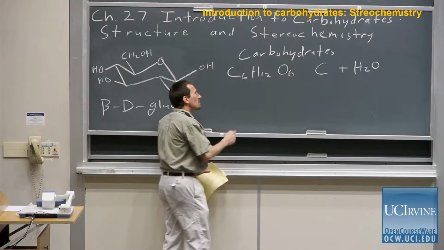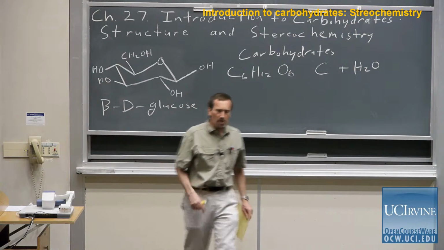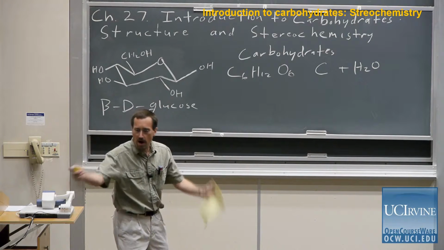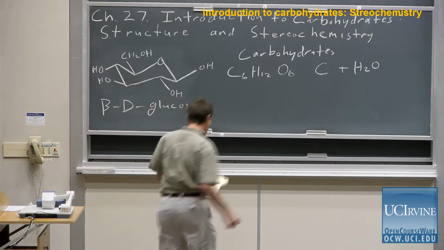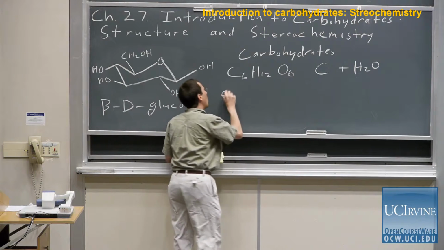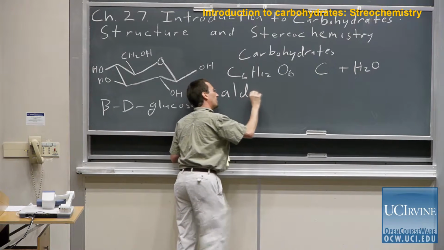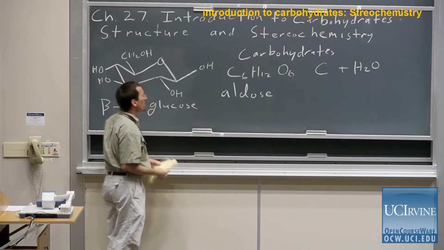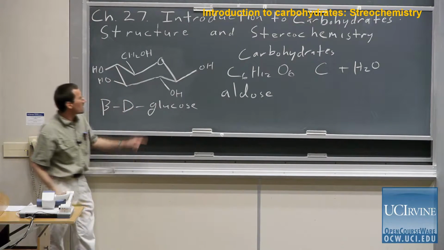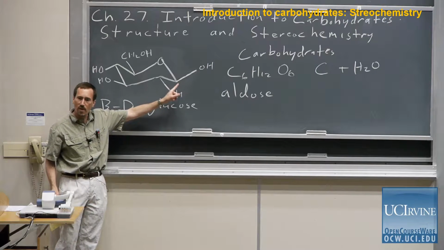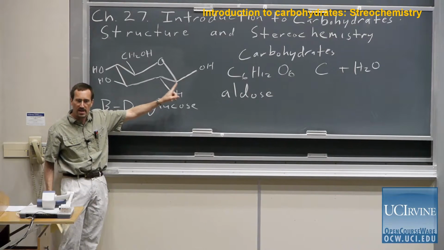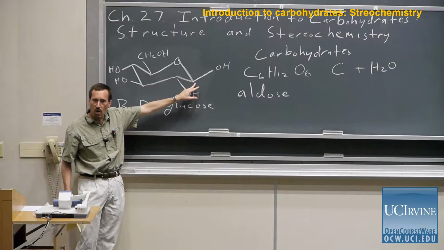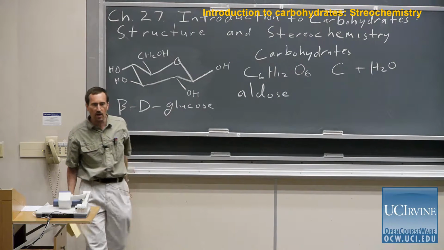So glucose is a member of a broad class of carbohydrates that we call aldoses. And the reason we call it an aldose is that when we go ahead and unwrap the structure, when we break up the hemiacetal at the one carbon, you get an aldehyde.